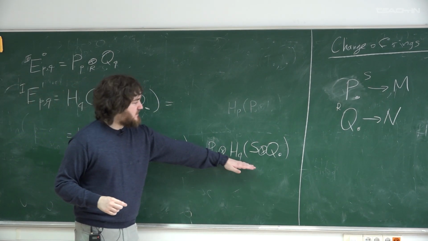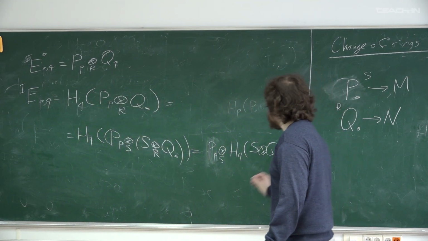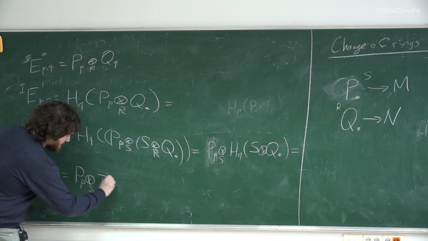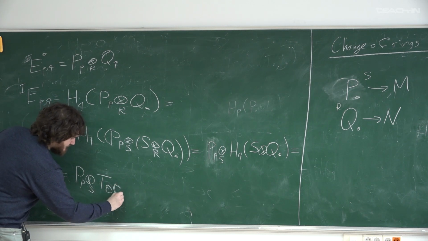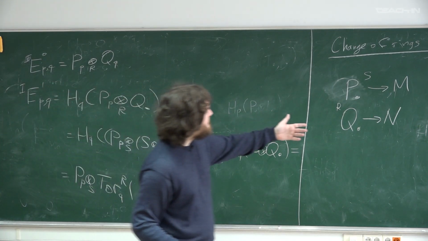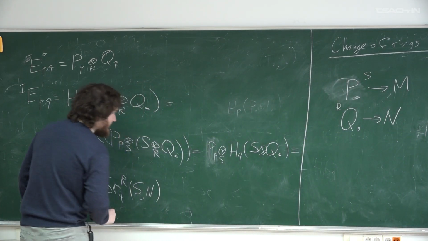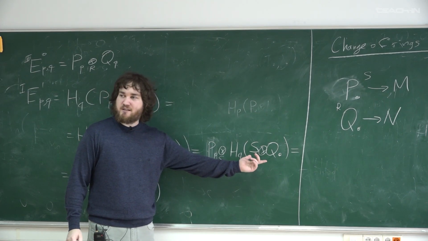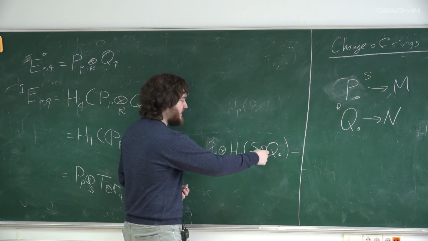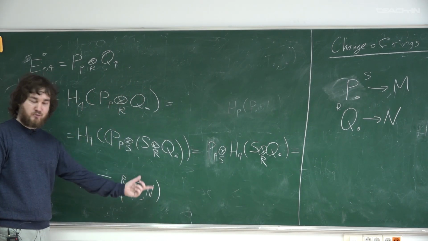And now what are these homologies? This is Tor between what and what? Q Tor over R between S and N. From this definition, you see that you have a left S-module structure on this chain complex, so you have a left S-module structure on this homology, so on this Tor.